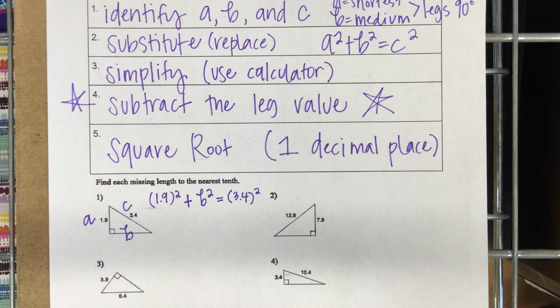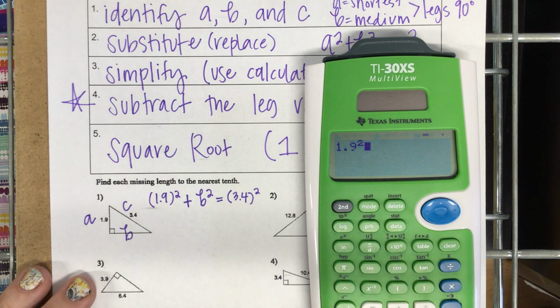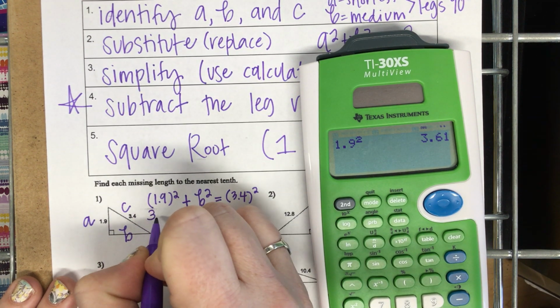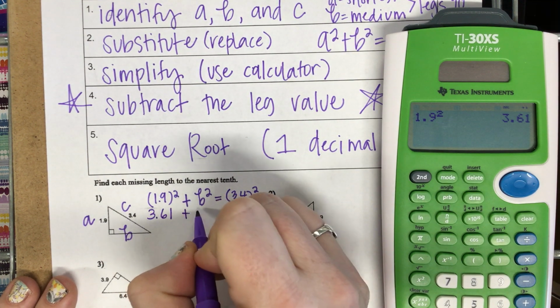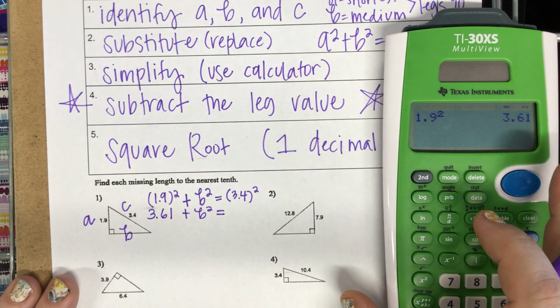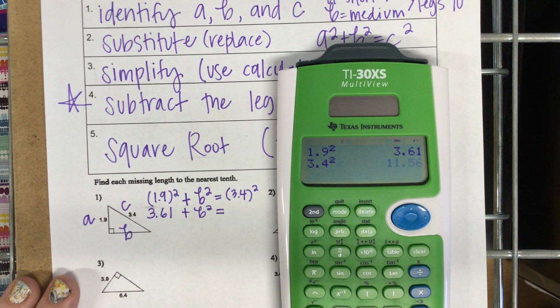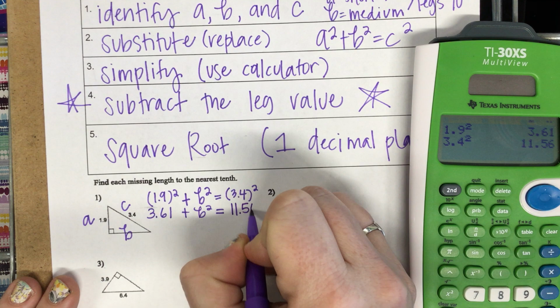I'm going to use a calculator. 1.9 squared is 3.61, plus b squared, because I don't know what that is, equals 3.4 squared, which is 11.56.